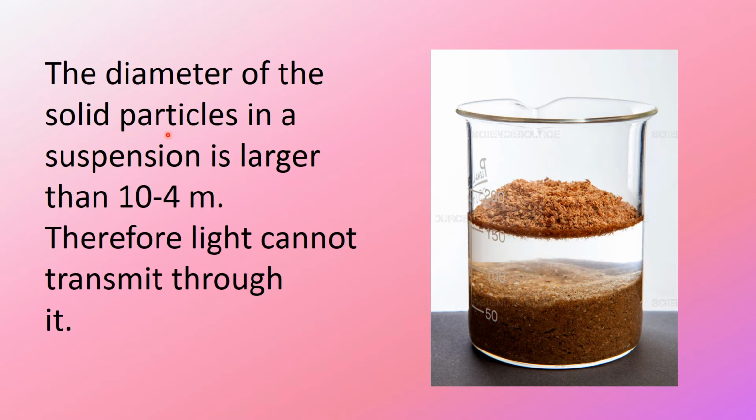The diameter of the solid particles in a suspension is larger than 10 raised to minus 4 meter. These particles are larger, therefore light cannot transmit through it. If the particle size is larger, then light cannot be transmitted.